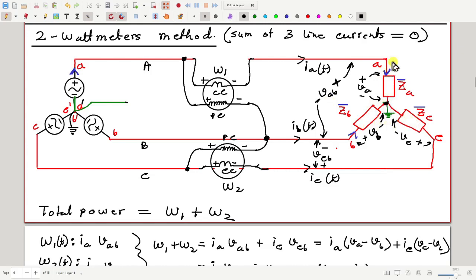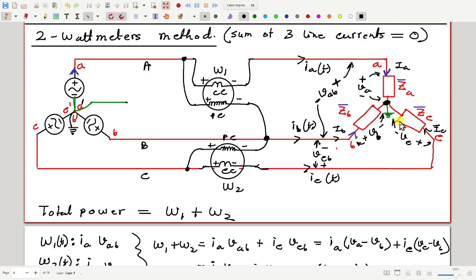Here we have IA, here we have IB, and here we have IC. They come and meet at this point, and there is no other path for this current to go, so they must add up to 0, no matter whether ZA, ZB, ZC are equal or not. Kirchhoff's current law must be valid.